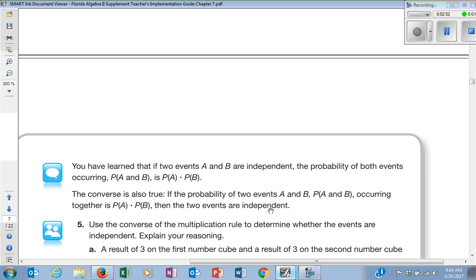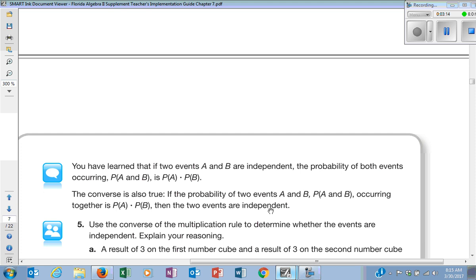Converse. If I said an if and a then, when I do the converse, I switch the if and the then. In first period, they were asking me about my dog, so I talked to them about shaving my dog. And they're like, why'd you shave him? Because my dog had a skin infection.